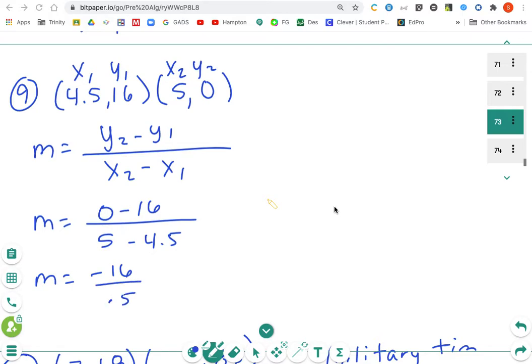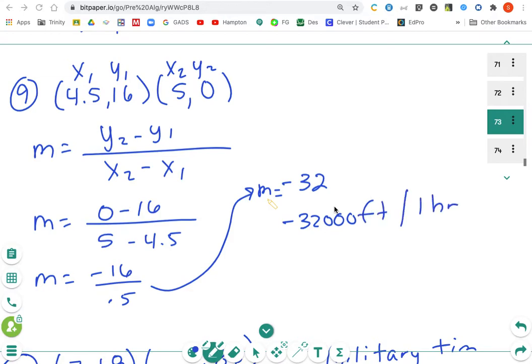You're going to go to your calculator, control divide, negative 16 divided by 0.5, and you will come up with negative 32 for m. Now that's negative 32,000 feet per 1 hour, which makes sense because the plane is coming down to the ground.